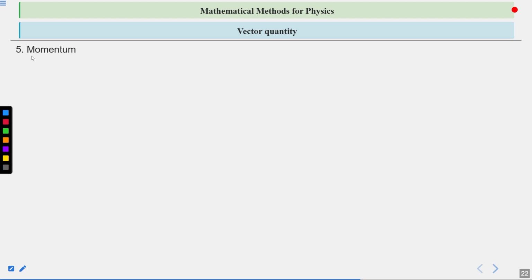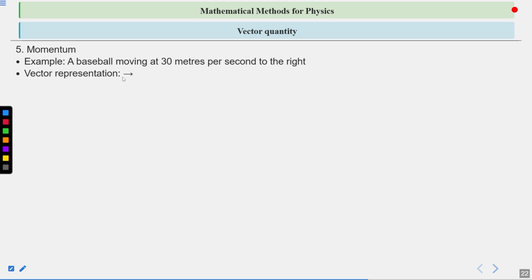Fifth vector quantity is momentum. The formula is mass into velocity. We know velocity is a vector quantity, so momentum is also a vector quantity. Yes or no? Example, a baseball moving at 30 meters per second to the right. It is a vector represented by an arrow.